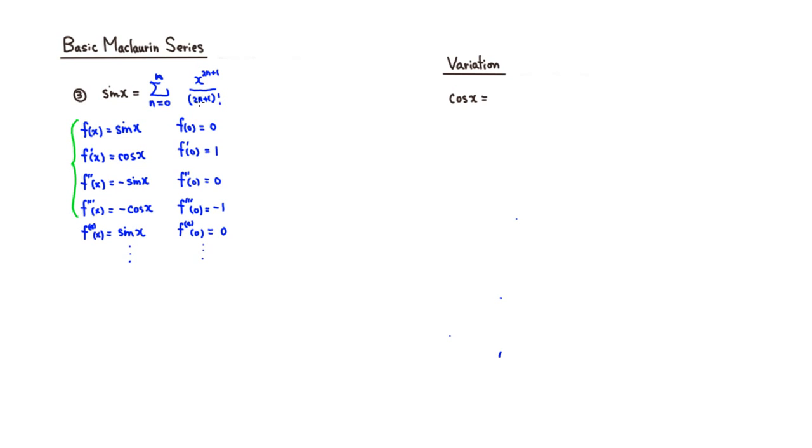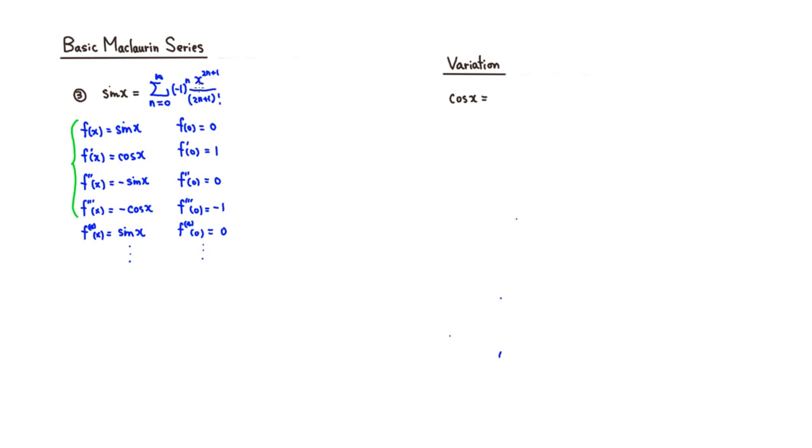And the odd terms alternate between positive 1 and negative 1, so we have to put the negative 1 to the n. So this is the Maclaurin series of sine of x. It looks like an alternating series, and it makes sense that since sine is an odd function, it only uses the odd power terms.